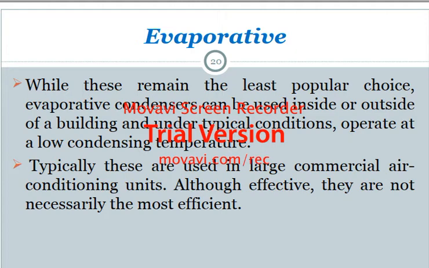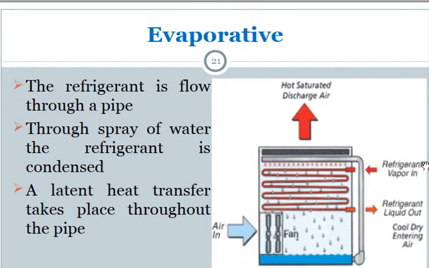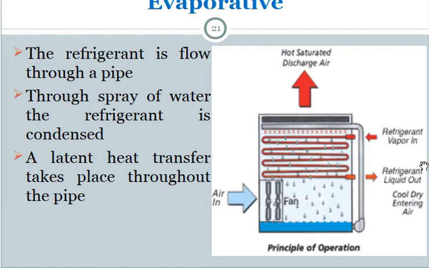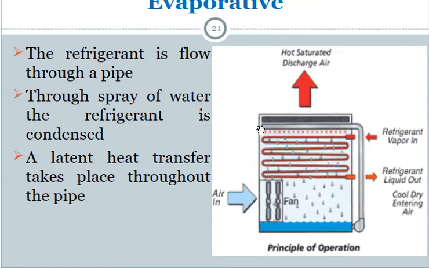Although effective, they are not necessarily the most effective. So we try to understand the process of the evaporative condenser. From the figure, the water goes through from the upper side and then drains down, like what we call rain.